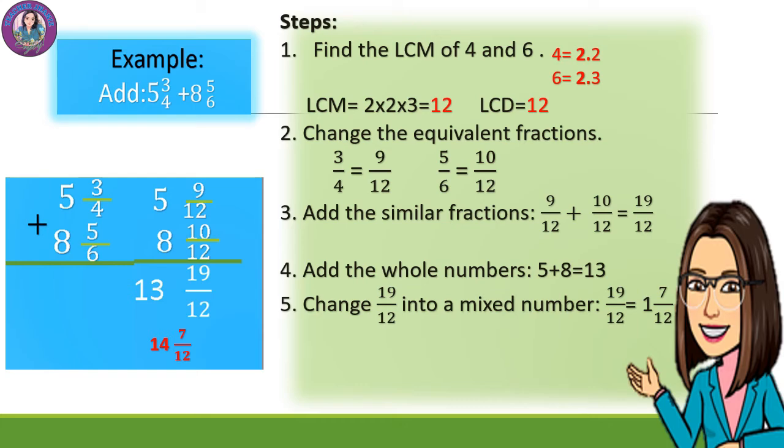The remainder is 7. So we use that as the numerator. And the final answer is 1 and 7/12. Step 6. Add 1 and 7/12 and 13. The sum is 14 and 7/12.